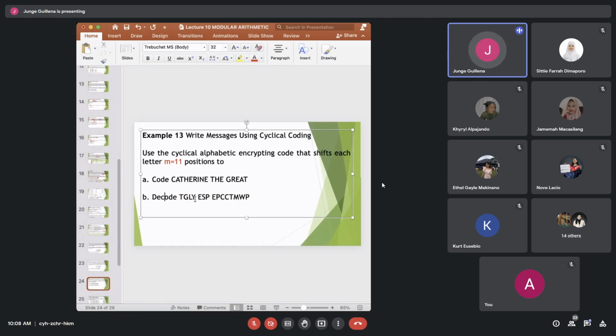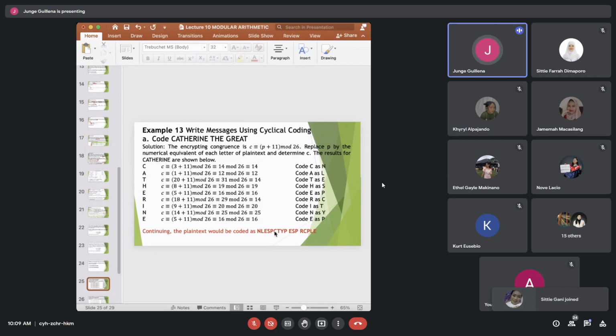So when you decode and you still cannot read it, then your answer is wrong. When you code, it is not supposed to be readable, but be sure that what you did is correct. But when you decode, once you decode a given ciphertext, it should be readable, because it converts back into plain text. If after decoding you still cannot read it, then you provided the wrong answer. Okay? So let us do that example, ha?